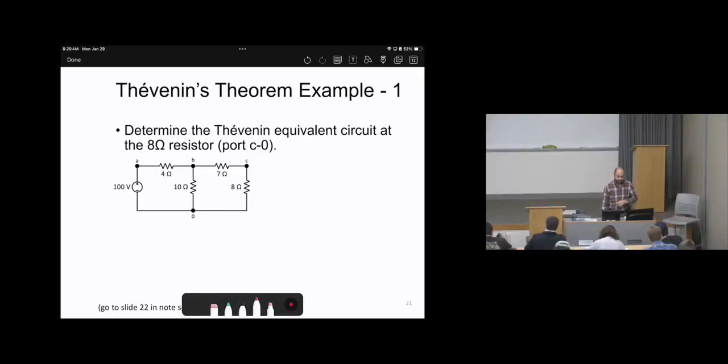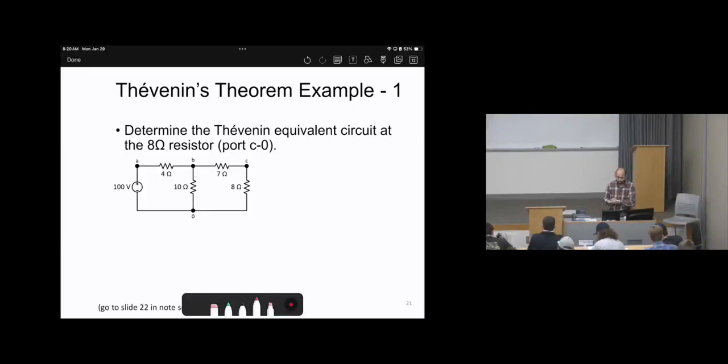Before doing any analysis, keep in mind you need to determine where network A and network B are. Sometimes problems will tell you to find across the terminals A and B, or across a certain resistor.